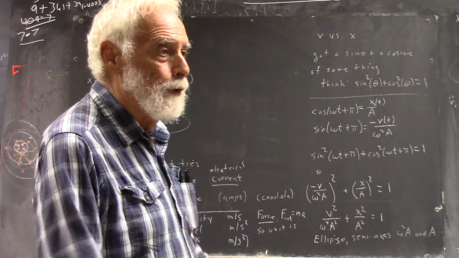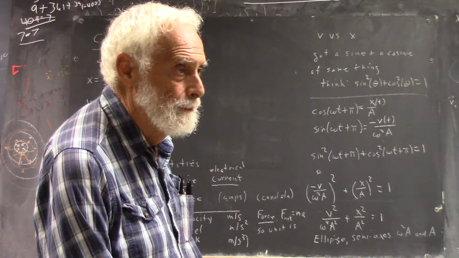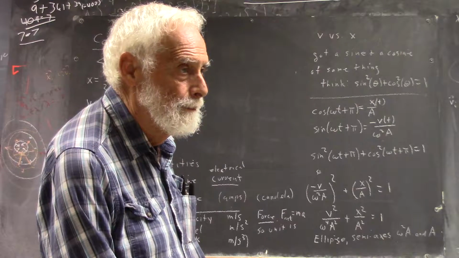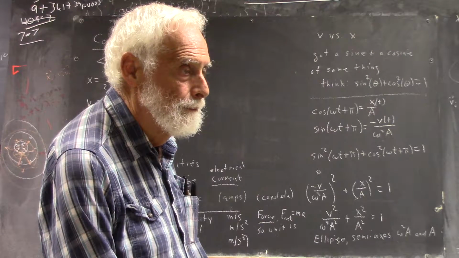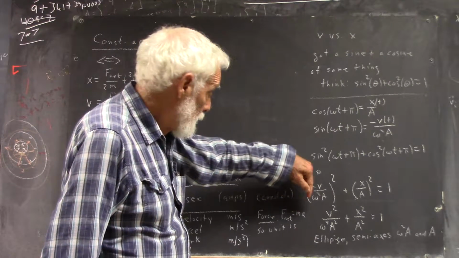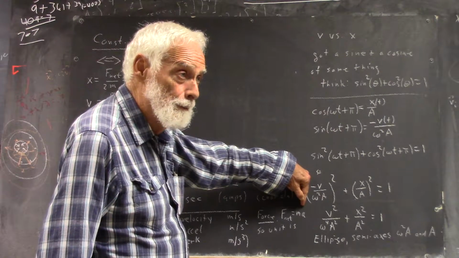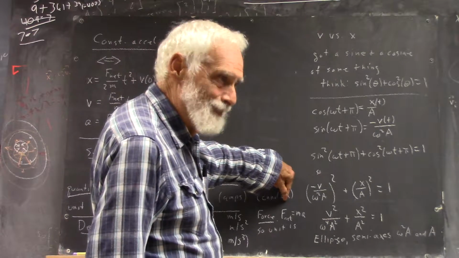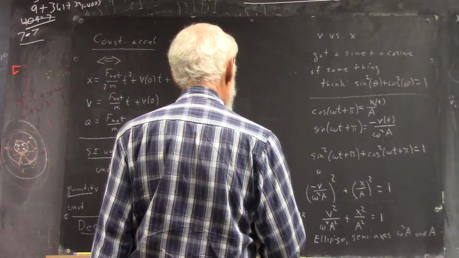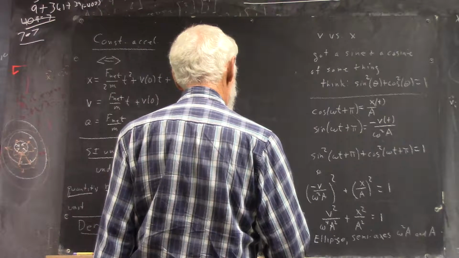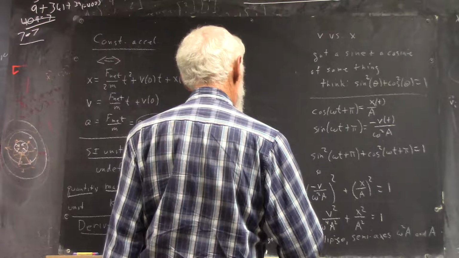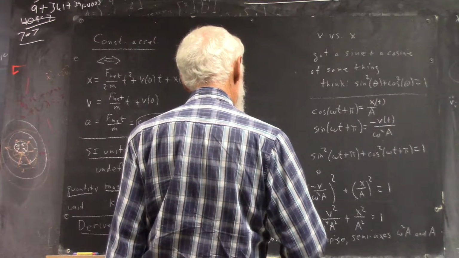So what's the unit of force? Kilogram meters per second squared. Unit of mass is a kilogram. Unit of acceleration is a meter per second squared. So unit of force had better be a kilogram times a meter per second squared. Now that's what we mean by a Newton.